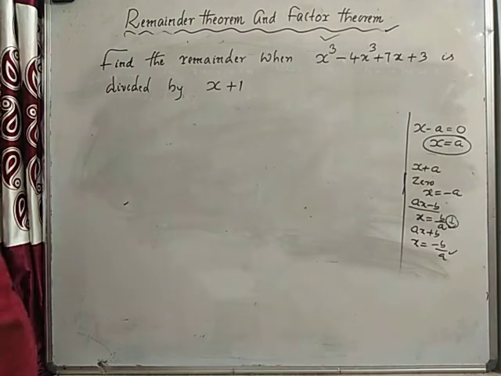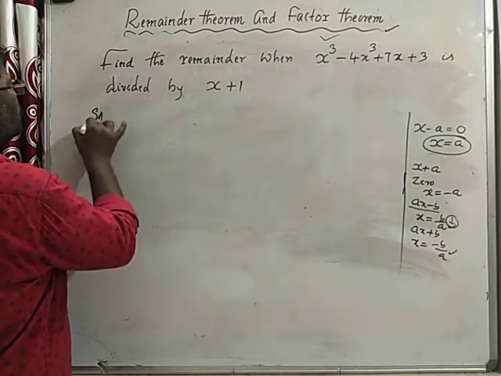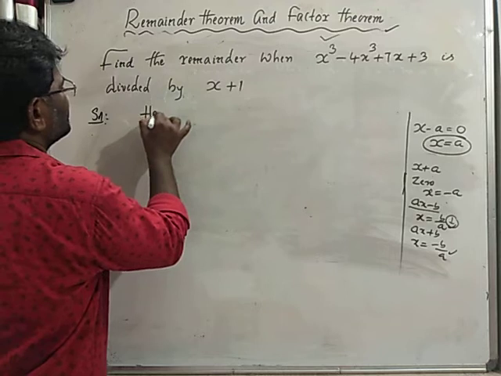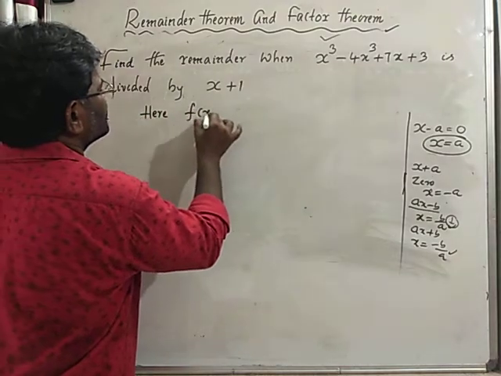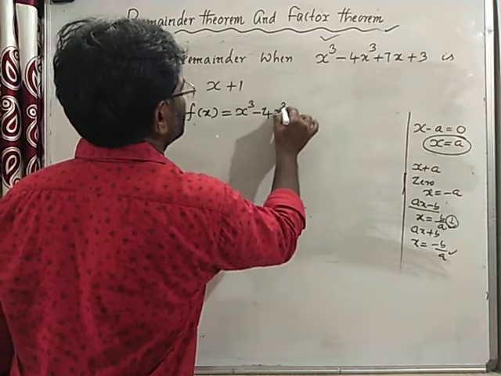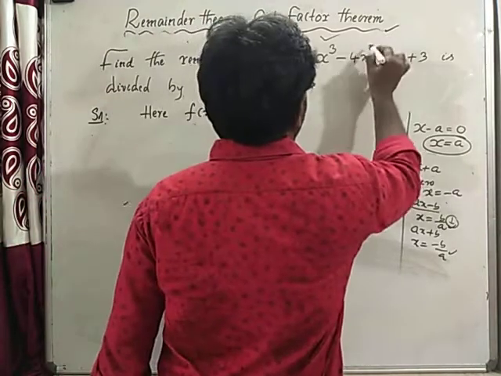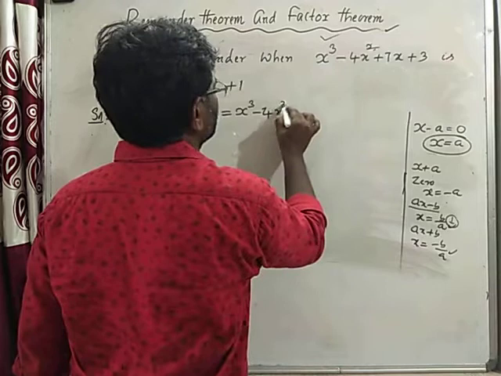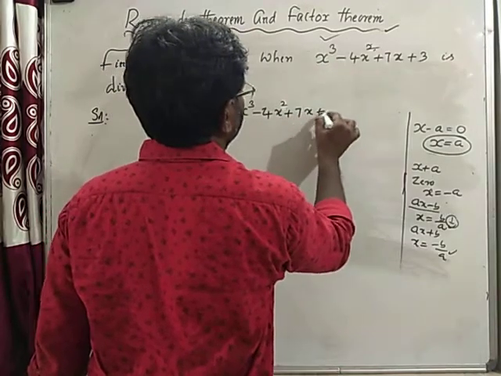So here f of x is x cube minus 4x square plus 7x plus 3.